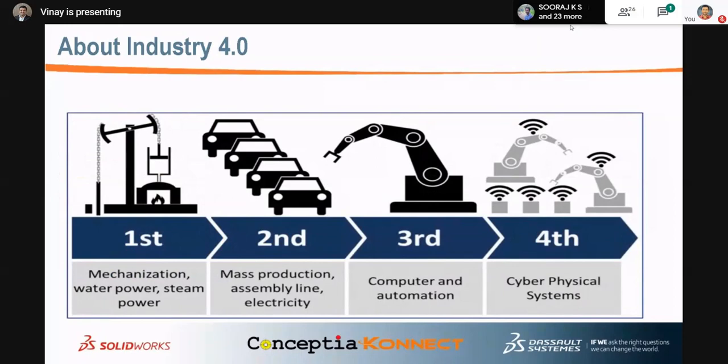You see the trend: in the 18th century, water power came into industry, so they used it and started building some activities. In the 19th century, by using this power, they made mass manufacturing, mass production, assembly line.